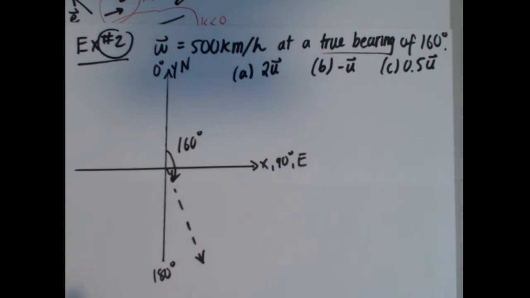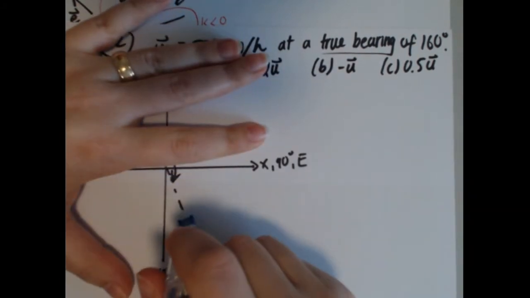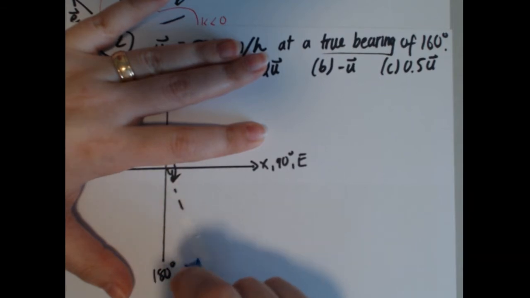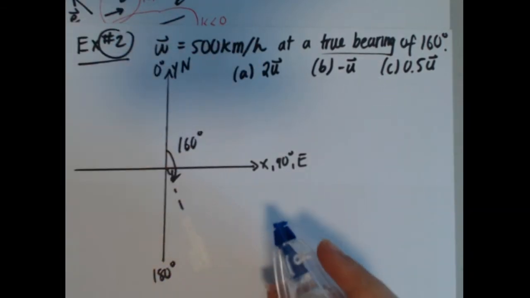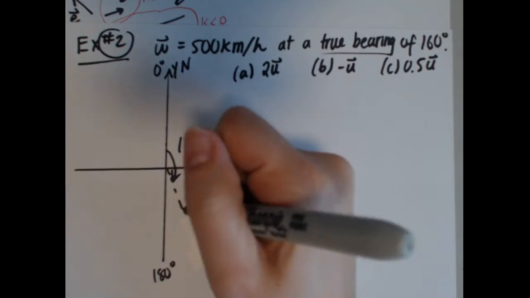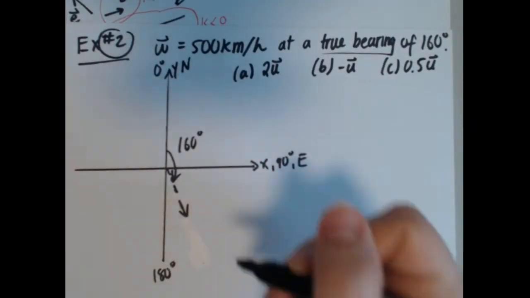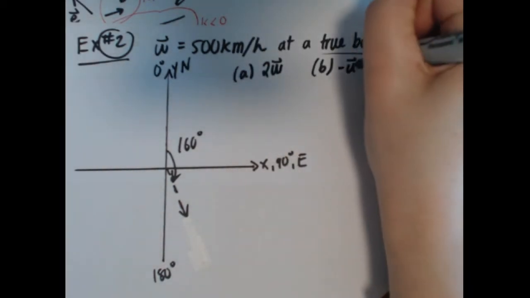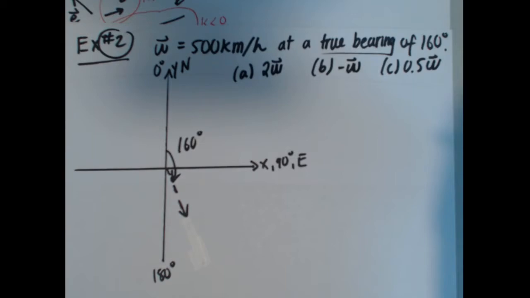I'll make that a bit shorter. Okay, no harm done. There we go. That's my 500 kilometers an hour. That's W, so we should turn each of these into a W.